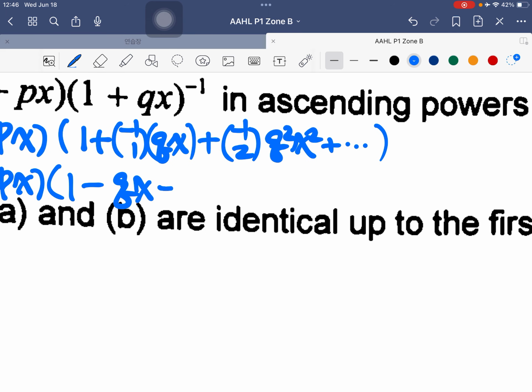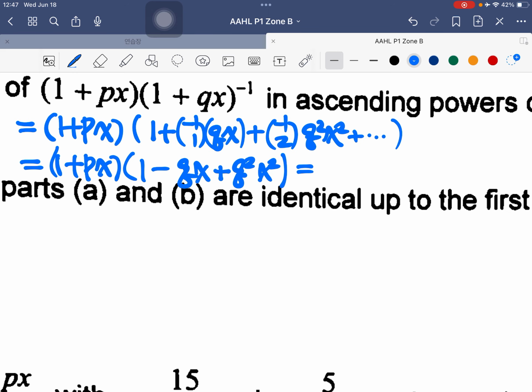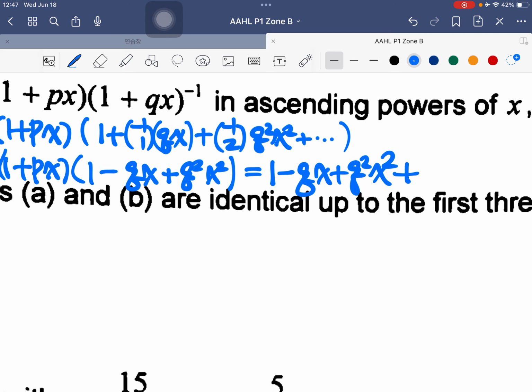So plus q squared x squared. Okay, equals, first term will be 1 minus q of x plus q squared x squared. Next term will be plus px minus pq of x squared.